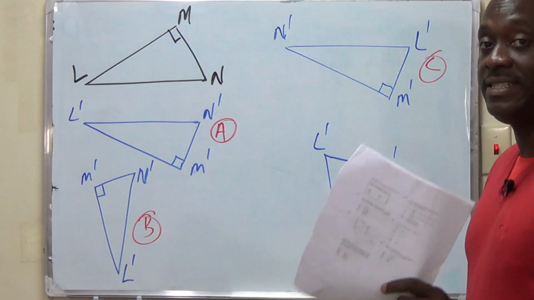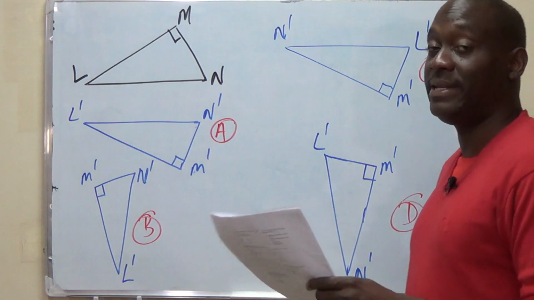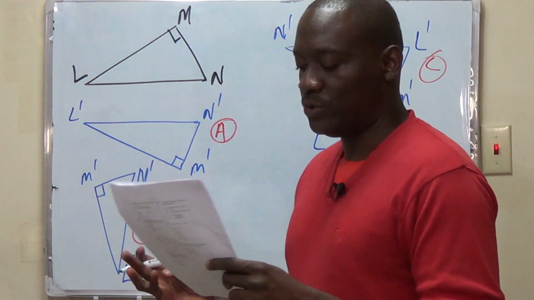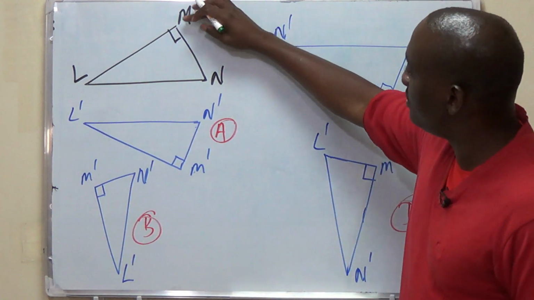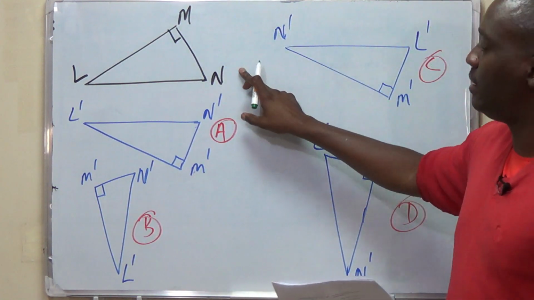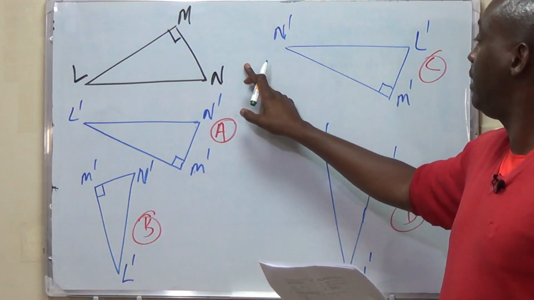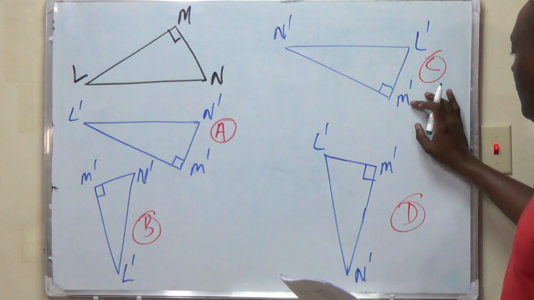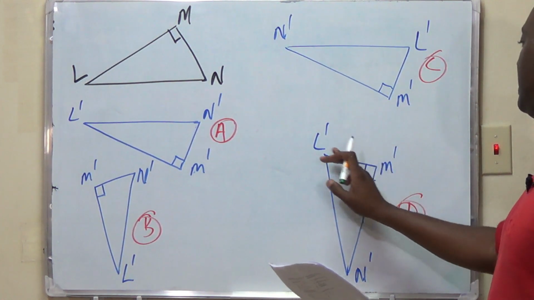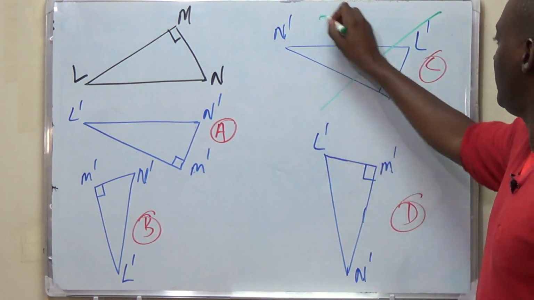So let us first deal with the questions that we could eliminate immediately, and those will be answers C and D. The reason being, the original triangle has M and N on this short side here, right? Triangle in C has L and M, and triangle in D has L and M. So we could take these two out.